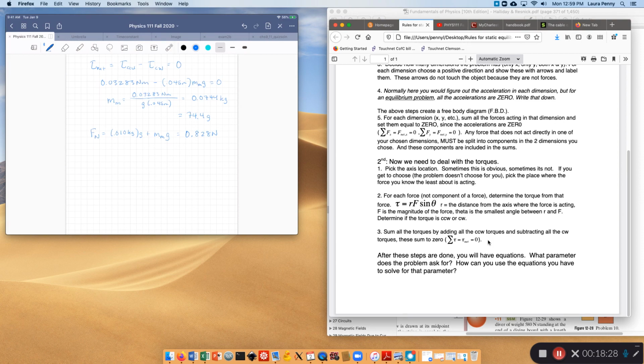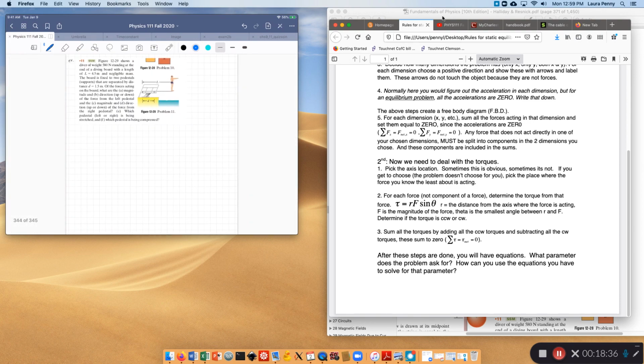Technically, we probably could have pulled this one off without doing the force part of it, but it's always a good idea to do the force part. Let's look at one where we can't get away with it without actually doing the forces as well. You know what? I may save this for part 2.